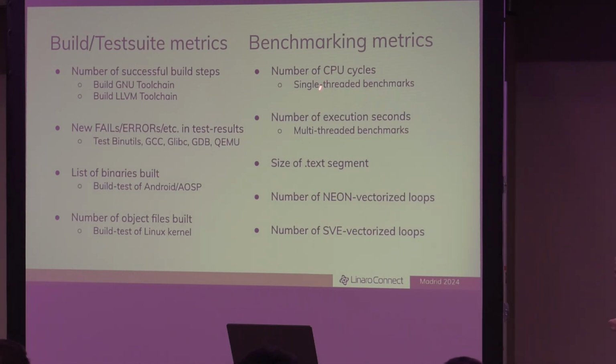And on the benchmarking side, number of CPU cycles. This is a measure of speed for single-threaded benchmarks. Number of execution seconds for multi-threaded benchmarks. Code size of binaries. And the last 2 are somewhat specific. Number of vectorized loops.